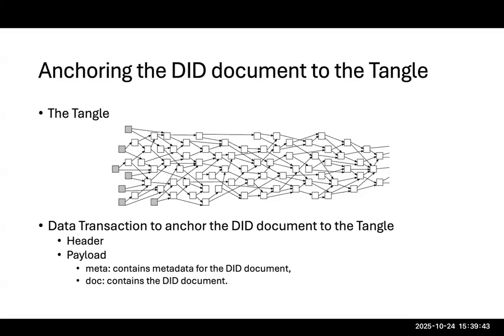Every single square here represents a transaction. Every time you make a transaction on the Tangle, you have to refer to two previous transactions, check those transactions, and verify that they are true.